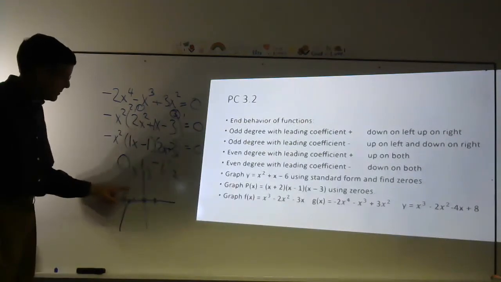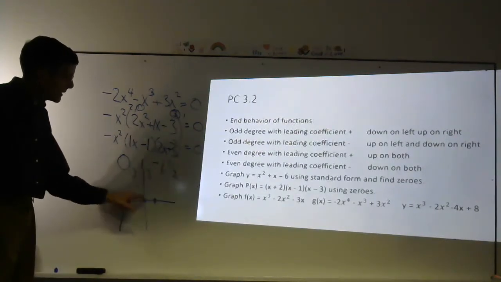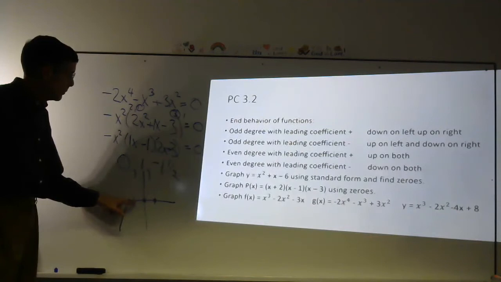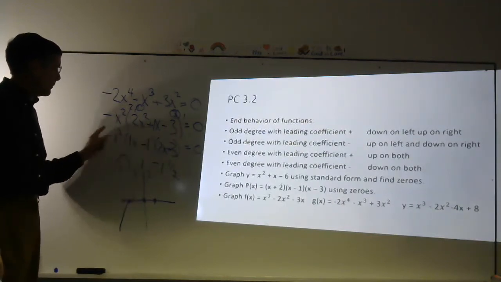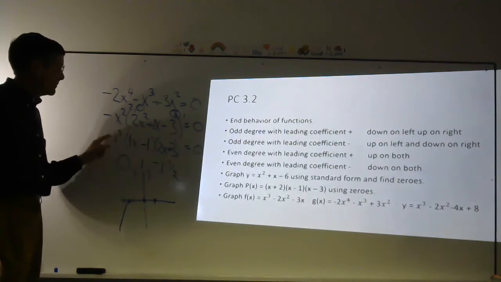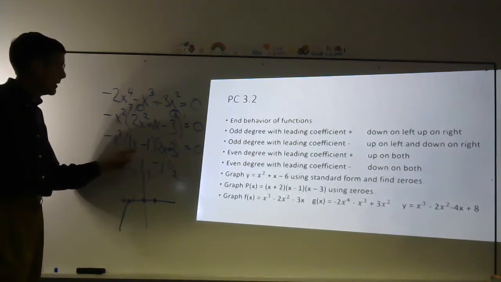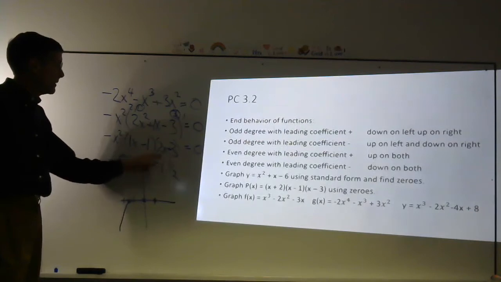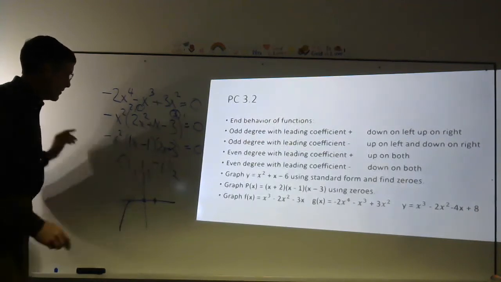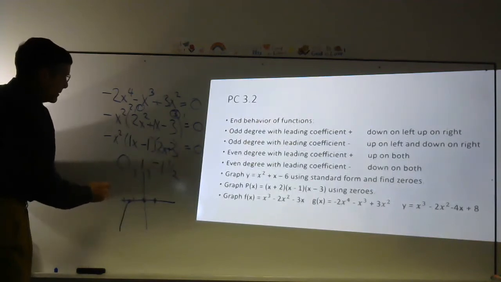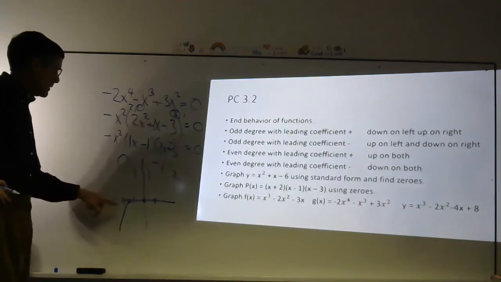Now, what's it do? Does it go above here or does it come back down here? Well, try putting negative 1 into here. Whatever, this is always going to be negative. Let me try that again.